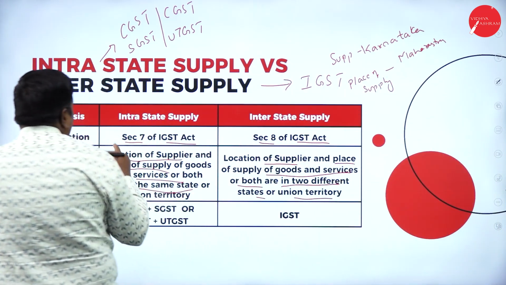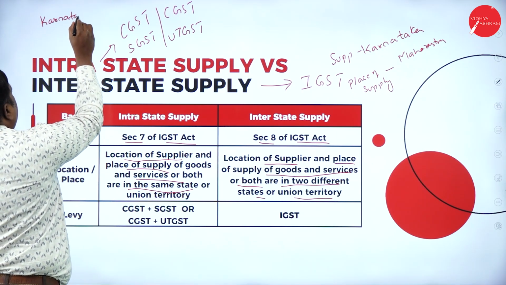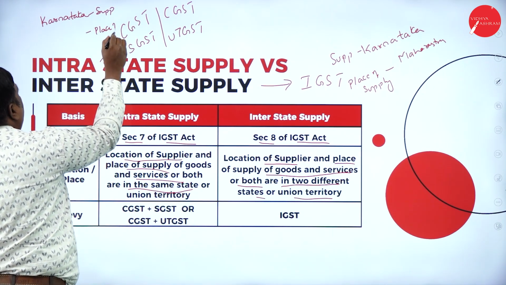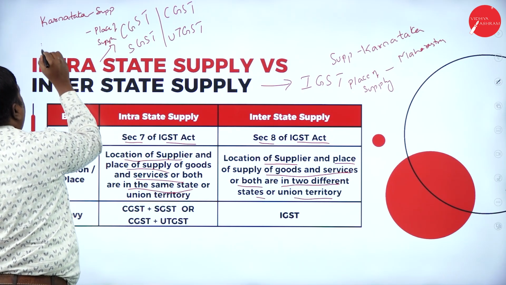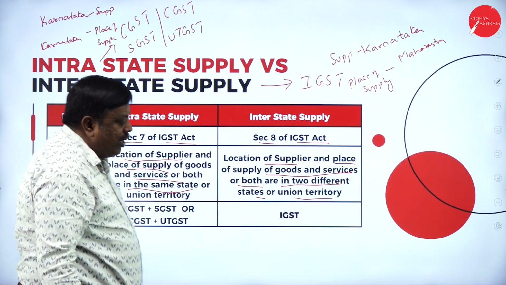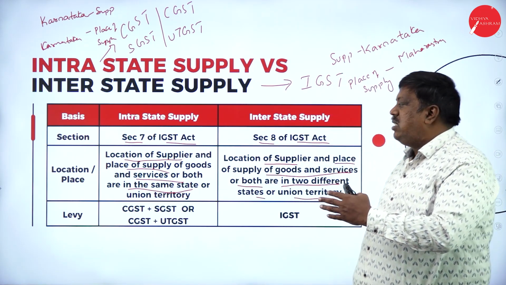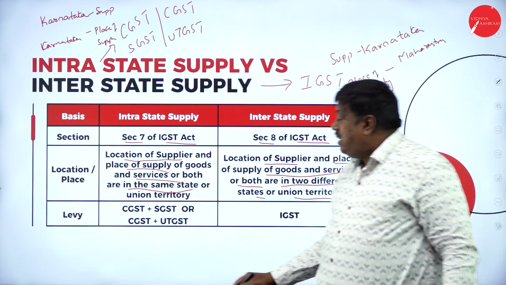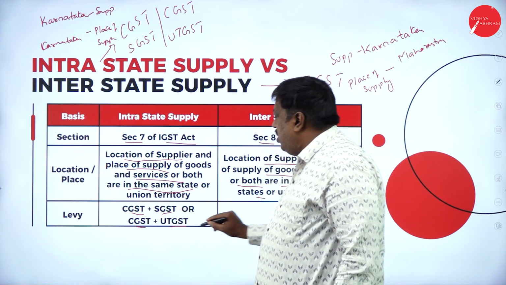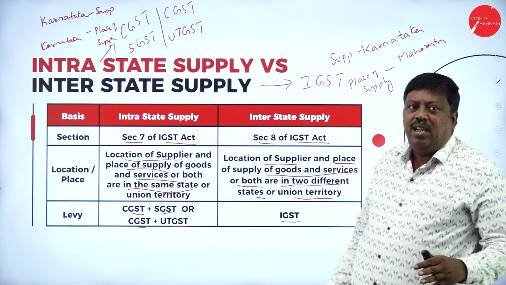For intrastate, the supplier is in Karnataka and the place of supply is within Karnataka, so both are inside Karnataka. Then it is intrastate. If it is outside Karnataka, then it is interstate supply. The tax levied is CGST and SGST, or CGST and UTGST, for intrastate supply, and IGST for interstate supply. This is what we have to know.